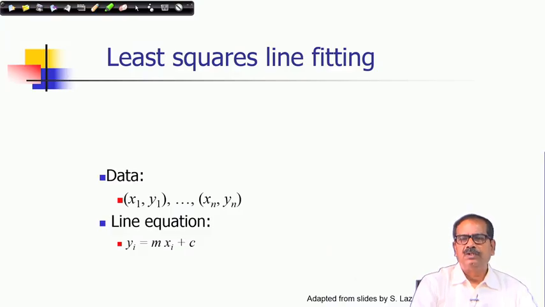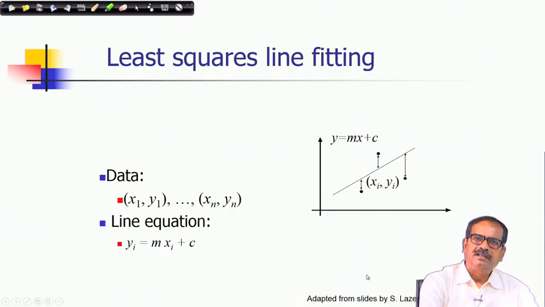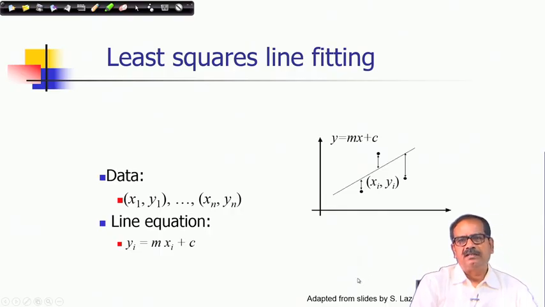Anyhow, we know how a line is represented in a two-dimensional coordinate system, and that is the familiar representation y equals mx plus c. That is the model. For a particular instance, the ith instance, we write it as y_i equals m x_i plus c. Then the error of fit can be expressed in this form. We can observe the model predicted value of y by evaluating mx plus c at the point x_i.